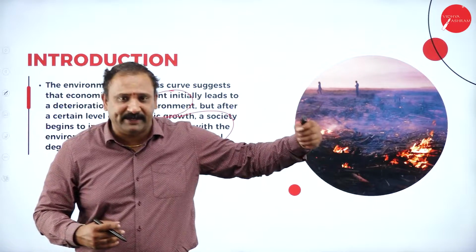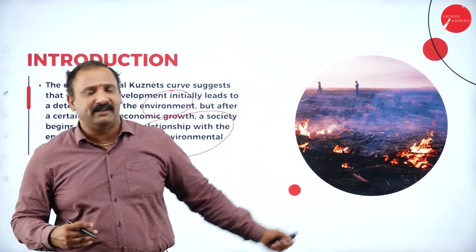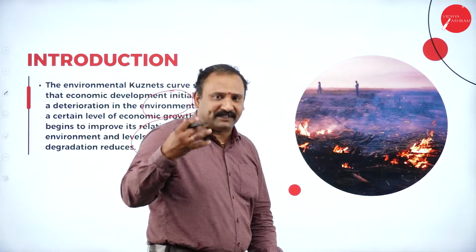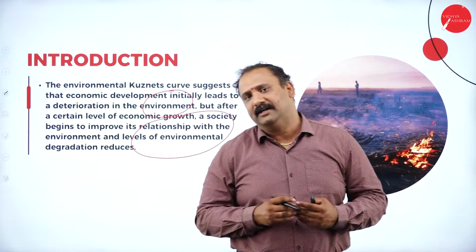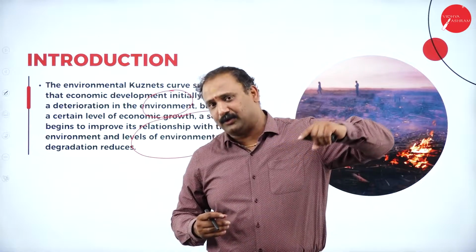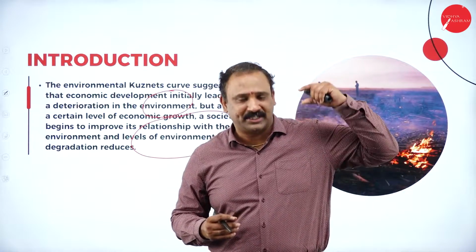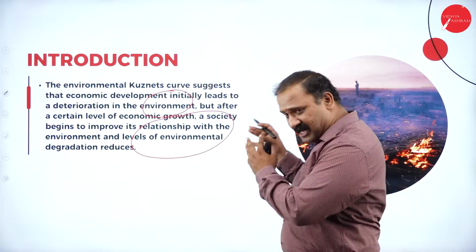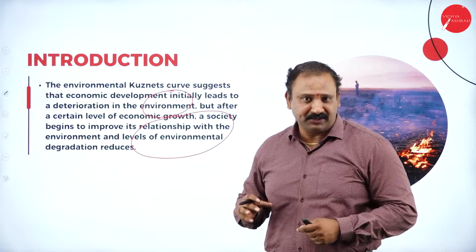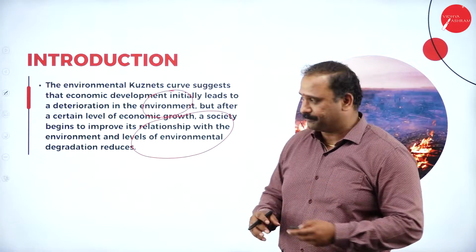That's what has been happening in most of the developed countries. But once they have developed and they have come to some level, the concern goes back to that same environment which actually paved the path to the economic growth. So that's the relationship we are going to understand in this particular chapter.